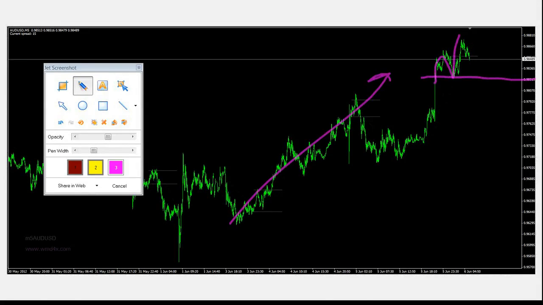From a tech perspective, as long as she remains above that 98.20 area, she's a technical long, and if she breaks down below that 98.20 area, tech short.